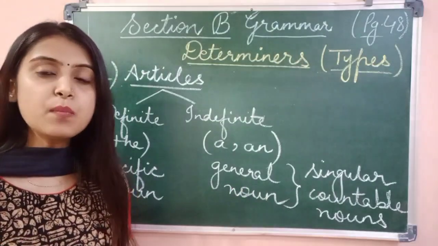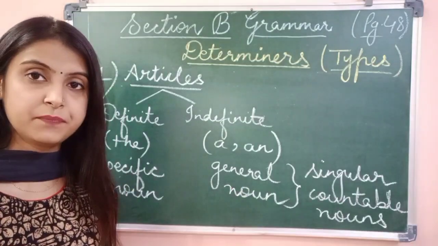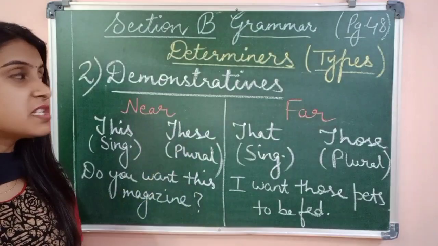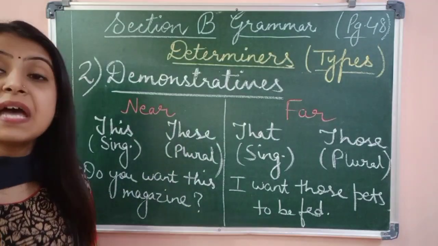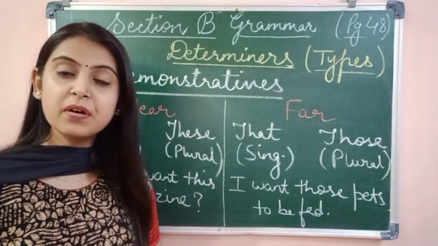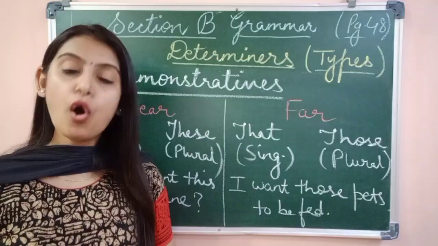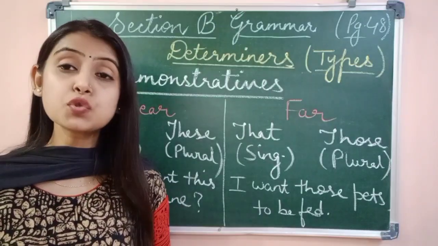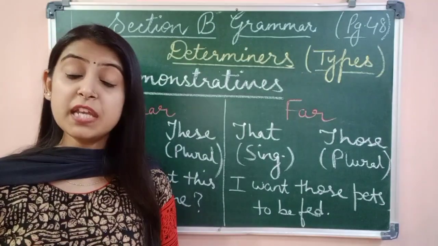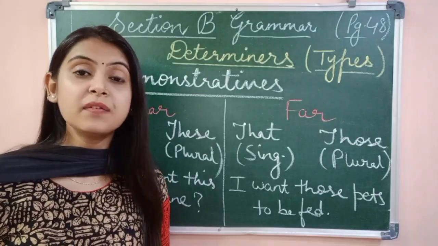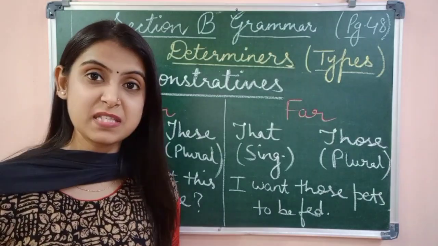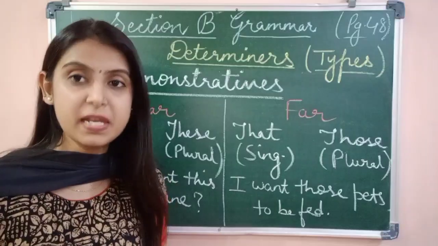Now we move on to the second determiner: demonstratives. Demonstratives are the determiners that are used before nouns to point them out, or you can say to specify the nouns. They are used to make the noun even more specific than the definite article.